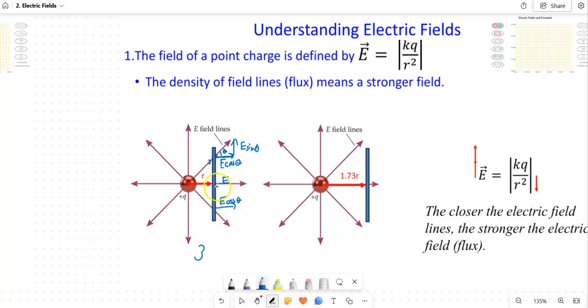So notice that the further away you get, the smaller the electric field vector. These two E cosine vectors are smaller vectors in size, and the one that is perfectly perpendicular, this electric field vector is perpendicular to this line, all of its vector contributes to that flux.